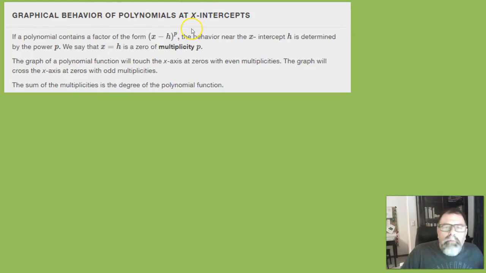So to sum up what we were just talking about, if a polynomial contains a factor of the form x minus h to a power p, the behavior near the x-intercept h is determined by the power p. We say that x equals h is a zero.